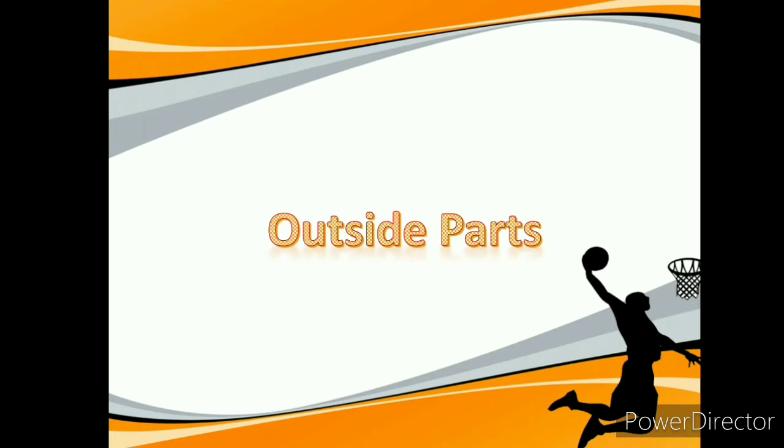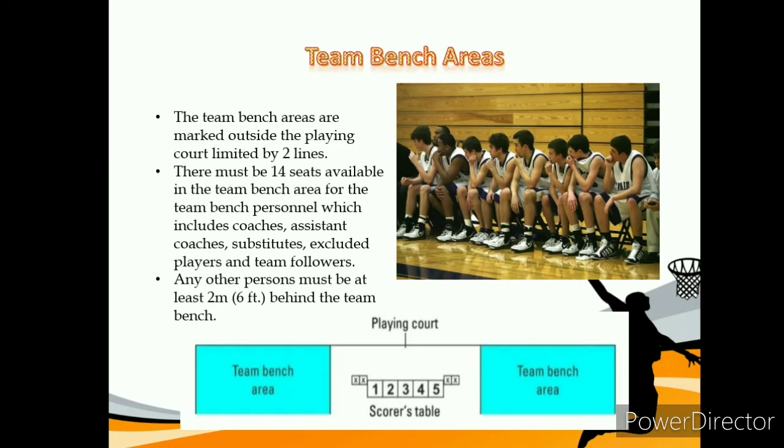Okay, now let's move on with the outside parts. Team bench areas. Basically, these are the group of players on a basketball team who are not included at the beginning of the game. They are being reserved, so whenever they are needed inside of the playing court, they can play as a substitute.